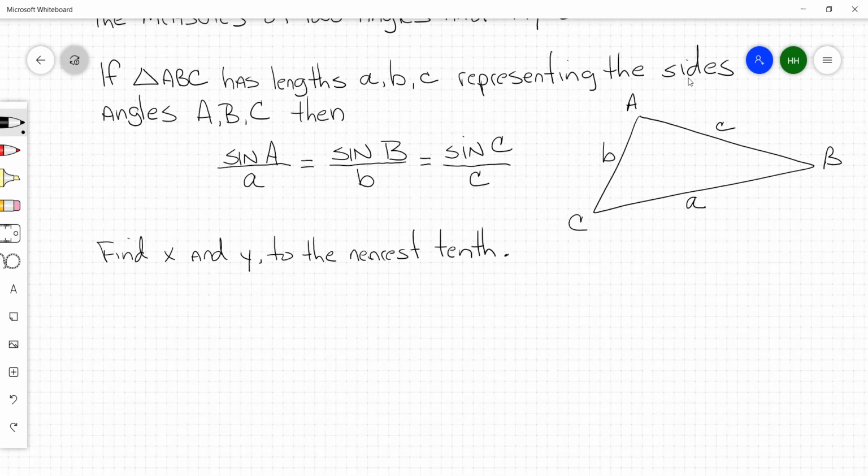And we get this triangle ABC. We get a 97-degree angle, a 21-degree angle, side BC is 16. Here's the x, and here's the y.